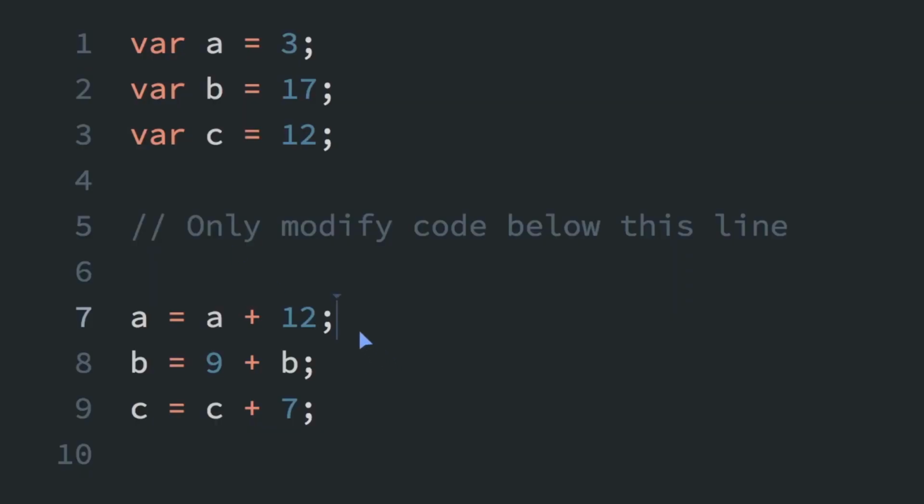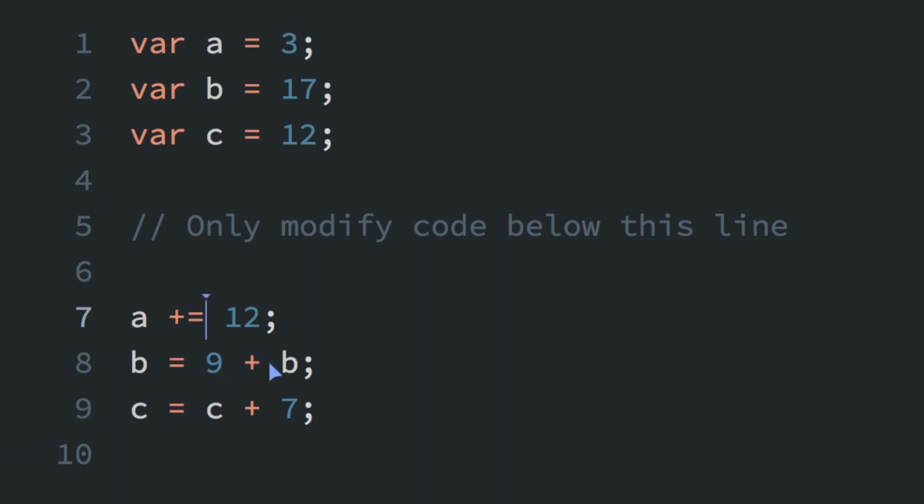It's common to want to add a number to a variable like this. See, a equals a plus 12. Well, a starts at 3 plus 12 is 15. So we're just adding 12 to whatever a is. Here we're adding 9 to whatever b is. Here we're adding 7 to whatever c is. This is such a common pattern that there's a shortcut to do the same thing. It's the plus equals operator. So instead of a equals a plus 12, we can do a plus equals 12.